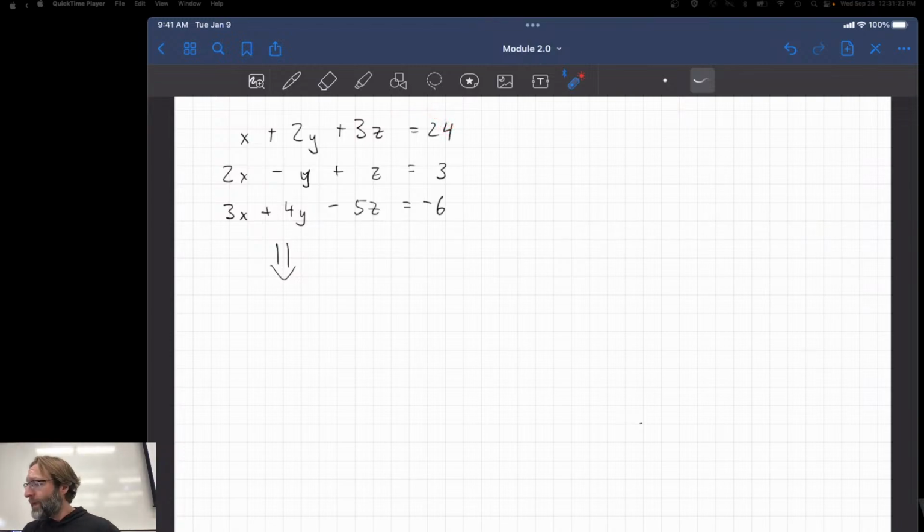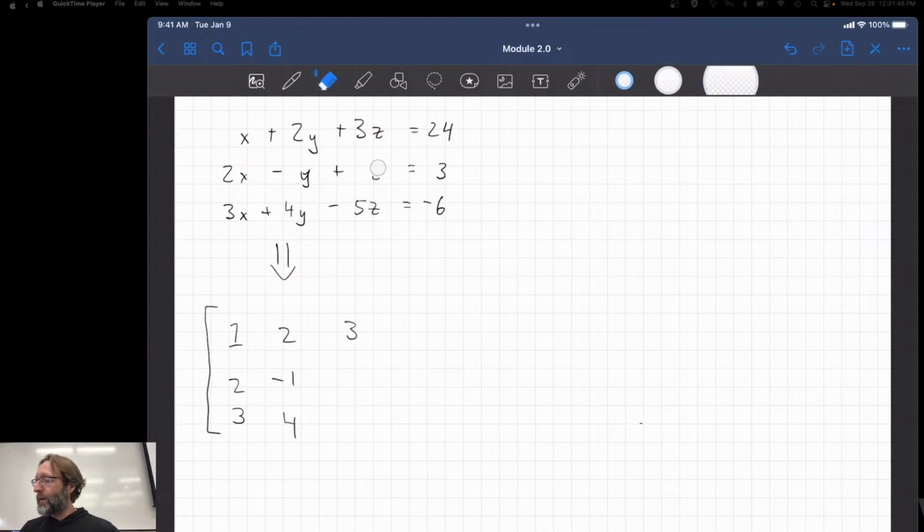Okay. So what I'm going to do is transfer this into a matrix with just the coefficients. Now, the coefficients here are, of course, 1 implicitly. So I'll leave 1, 2, and 3. And then 2, and do keep the signs here. So if you've got negative values here, that is valid. 4, 3, and we don't have an example here, but if z was not part of this equation, then, of course, the coefficient would be 0.